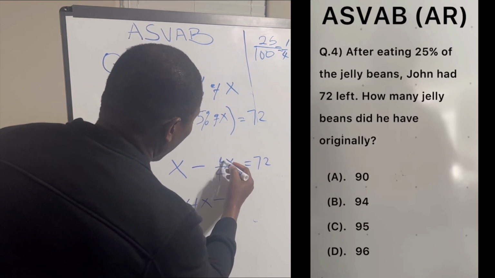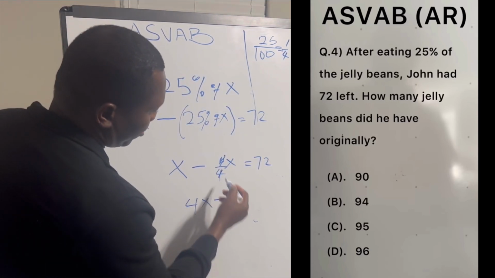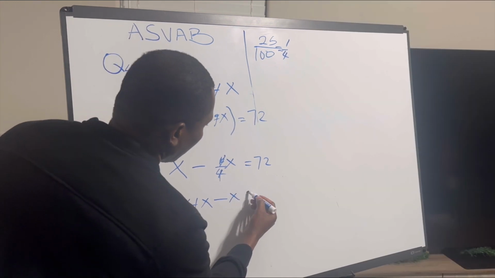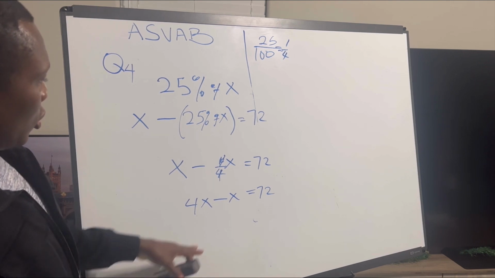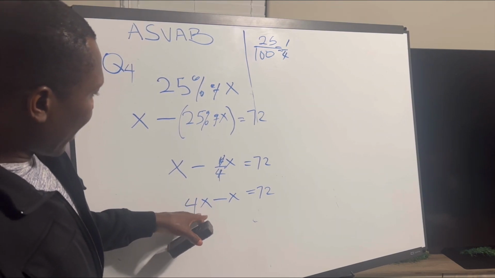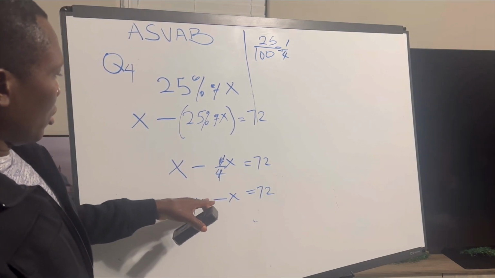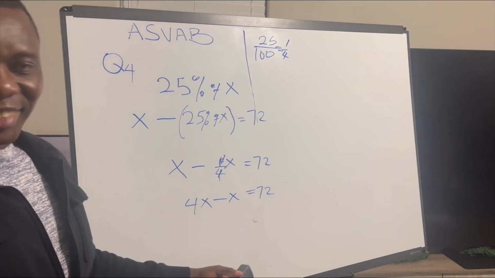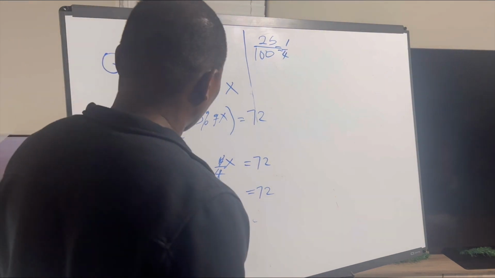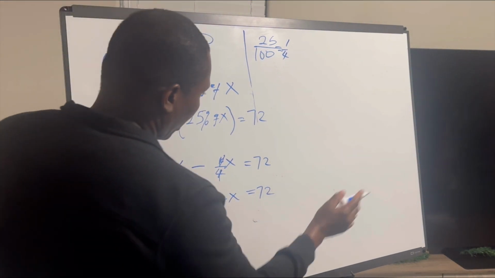We multiply this by 4, it cancels out. X equals 72. Because you have X on this side, 4X minus X, you get 3X. I forgot the 4. Thank you.